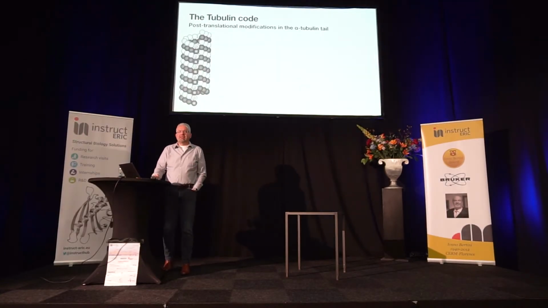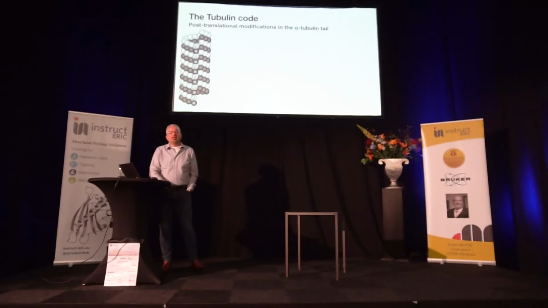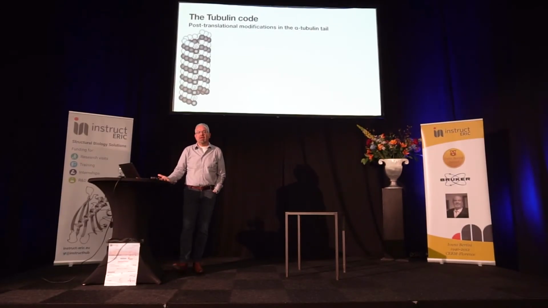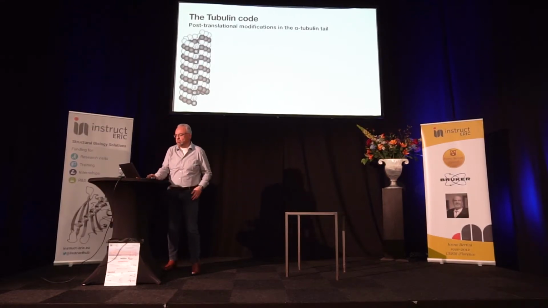So one thing that is lesser known about the microtubules is the so-called tubulin code, which is a series of post-translational modifications that microtubules go through, and they add a considerable amount of heterogeneity to the microtubules.